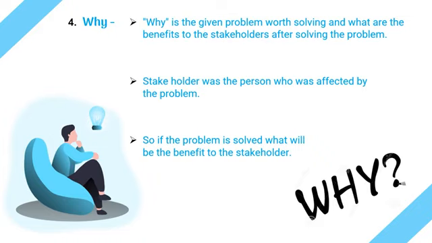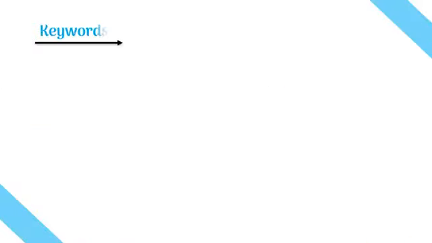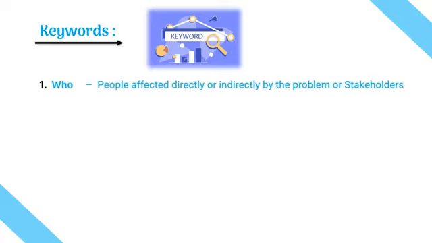One important thing we should remember here is that these can come as match the following questions or one word questions in the exam. So I am giving you keywords which you should learn from here. You can associate who with people affected directly or indirectly by the problem, or stakeholders. So whenever you see stakeholders or the people who are affected directly or indirectly by the problem, then you should match it with who.